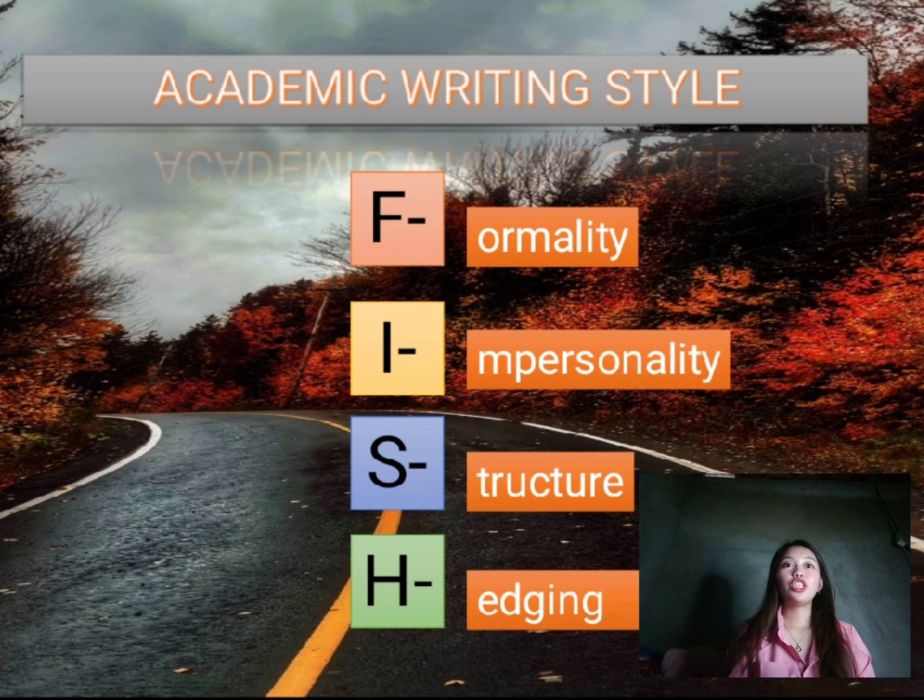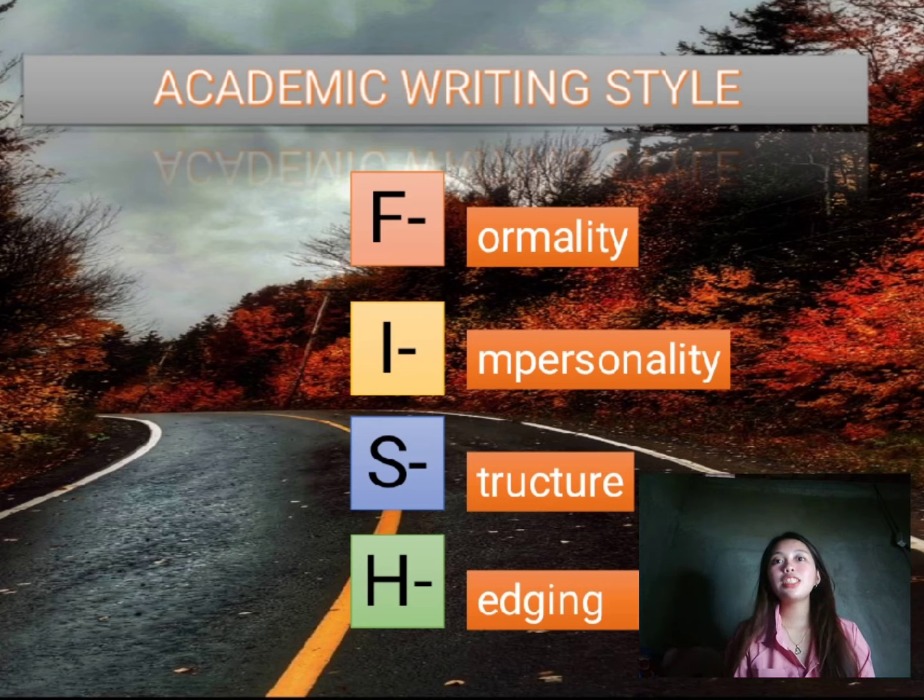Next is structure. It is merely the way a text is organized, and authors deliberately choose to arrange their information and ideas in a particular way. A writer's style is created by his or her choice of words, sentence structures, tone, imagery, point of view, figurative language, symbolism, and mood.